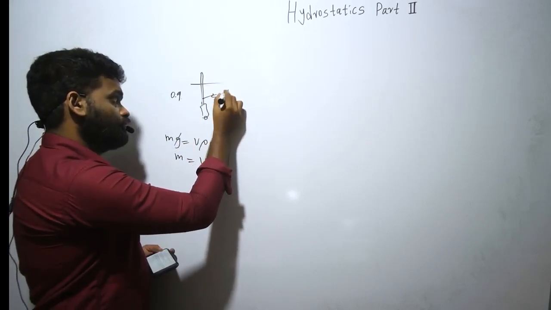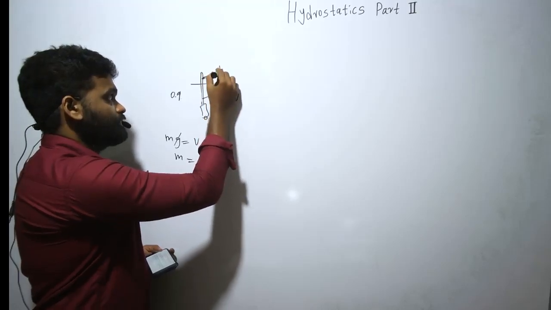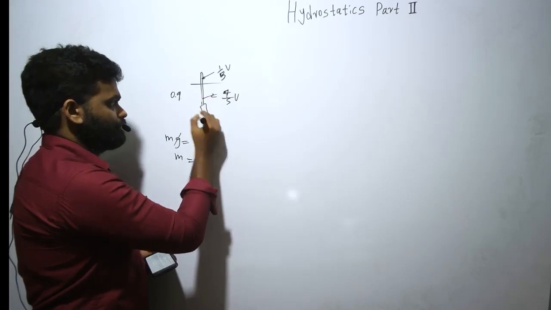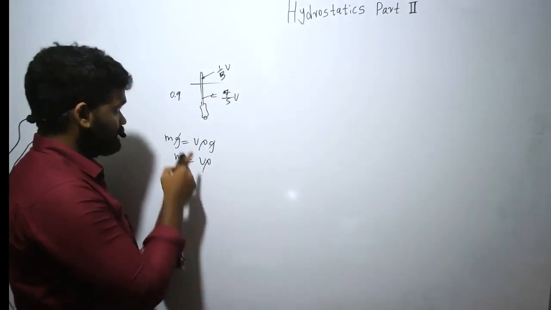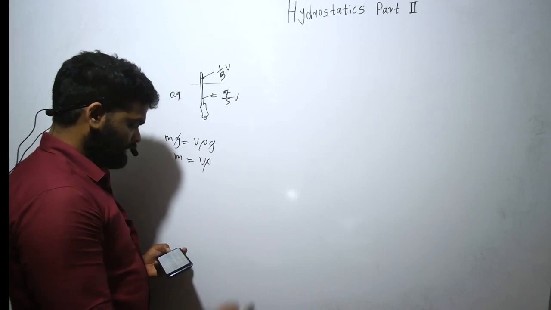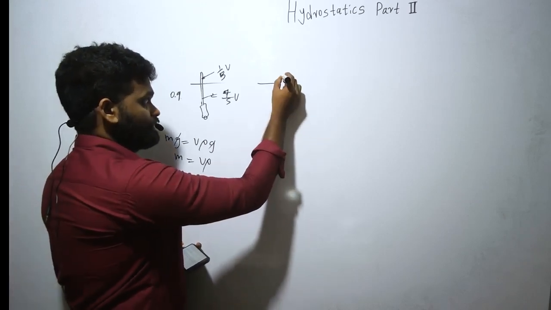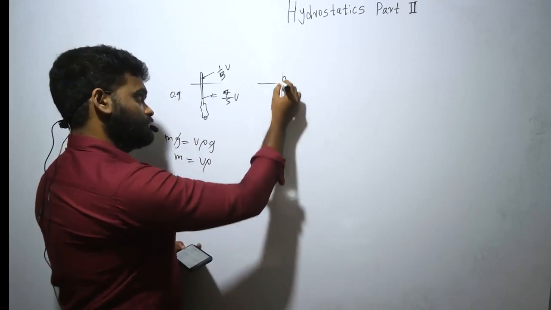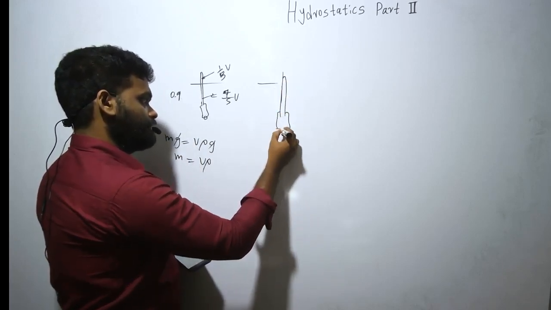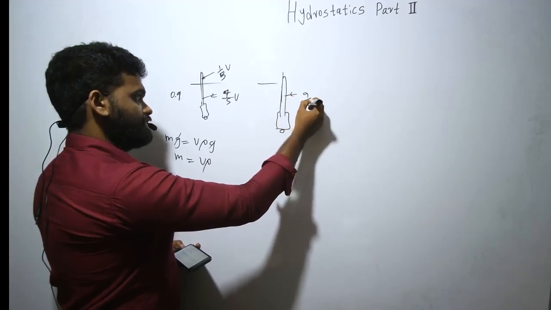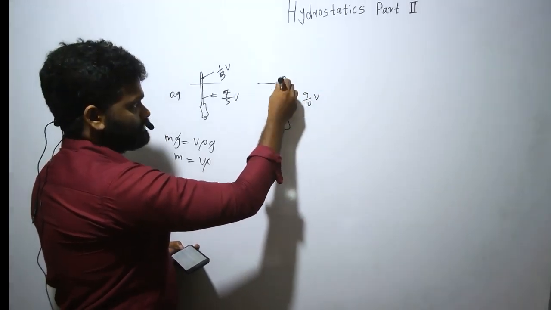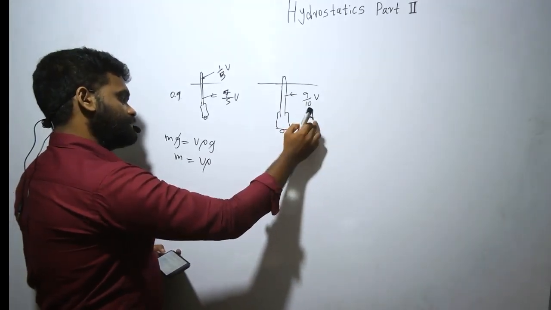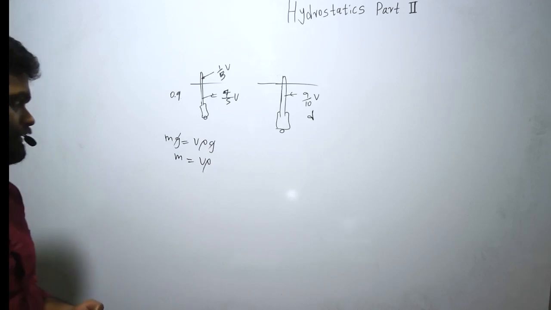So 4/5 is immersed, 1/5 is above, right? 4/5 is immersed. So that is for the oil, right? Then you have another liquid, same hydrometer, 1/10 is above. So it has immersed further. So 9/10 of the total volume is below the liquid level. Let's say for that one it is D, density, right?